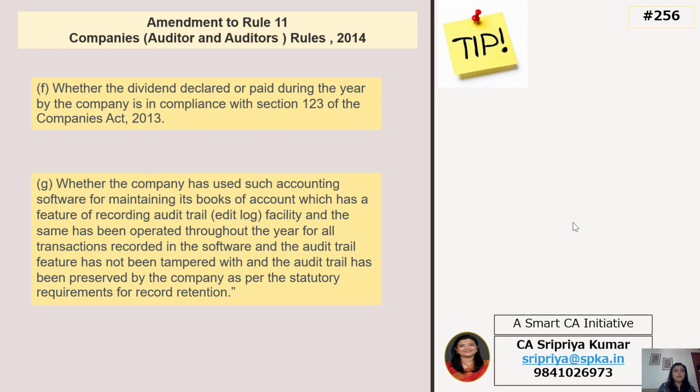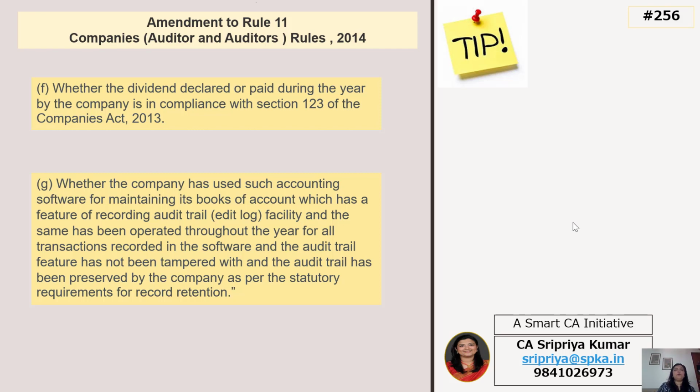Now, as an auditor, you are supposed to state that the software has an audit trail, that it has been operated throughout the year for all transactions recorded in the software, that the audit trail feature has not been tampered with, and that it will continue to be maintained as per the statutory requirements for record retention.